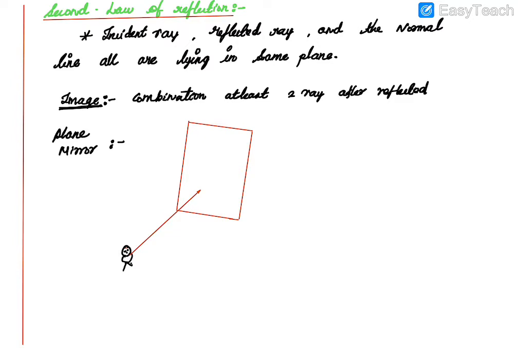It will show some kind of image inside, am I right? When you raise your right hand, it will show the left hand, am I right? So the first characteristic of the plane mirror is that it shows lateral inversion.